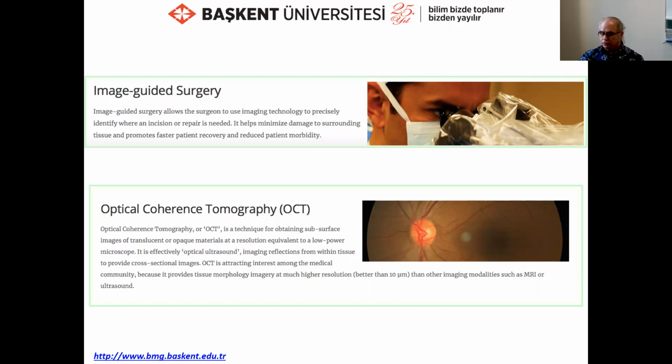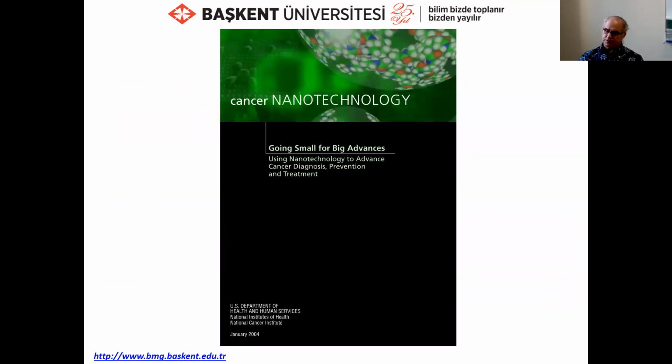OCT, optical coherence tomography, is a technique for obtaining subsurface images of the eye, and by using these observations, we can decide on the disease and on therapeutic roads for ophthalmologic diseases.